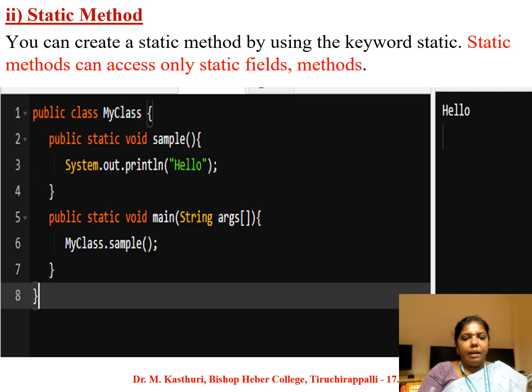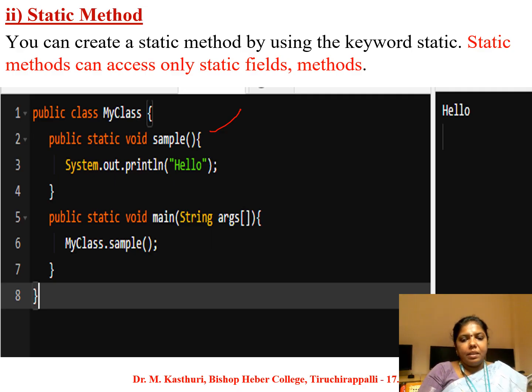By default in Java, the main method is specified with the static keyword. Similarly, if you want to create a user defined method, for example, here the sample method is created with the static keyword, which means this method is converted into a static method.